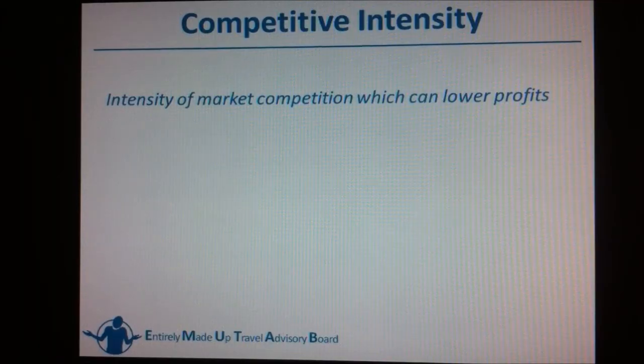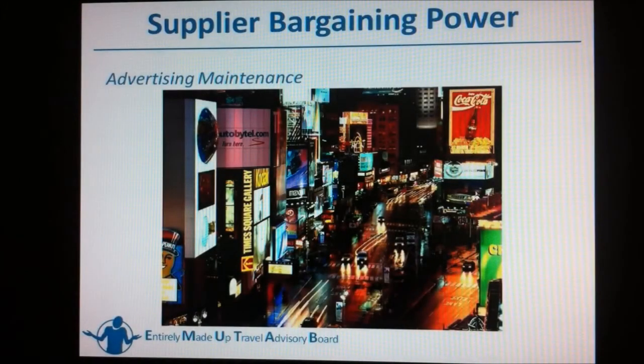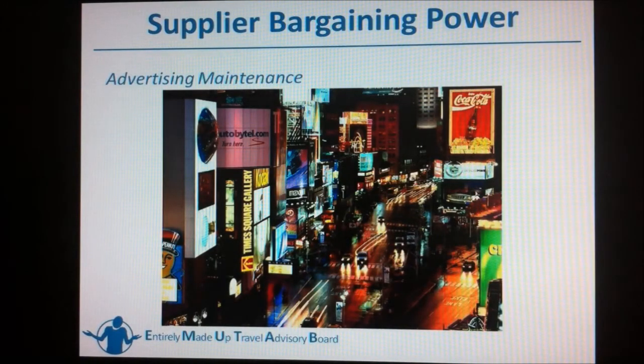Now, let us move our discussion to competitive intensity. Competitive intensity dictates the amount of profit firms may have to sacrifice to prevent attrition to another firm's goods. This includes advertising maintenance, proprietary technology, and innovation. For large producers in a competitive industry, advertising is often a substantial expense.